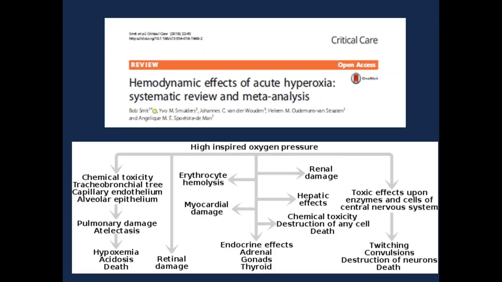The hemodynamic effect of hyperoxia is very significant. If you expose an infant to high oxygen for a long time, almost all of the organs of the body will be affected, including the lung. Retinal damage, erythrocyte hemolysis, myocardial damage, endocrine effects on adrenal, gonadal, and thyroid, renal damage, hepatic damage, everything will be damaged in the body.